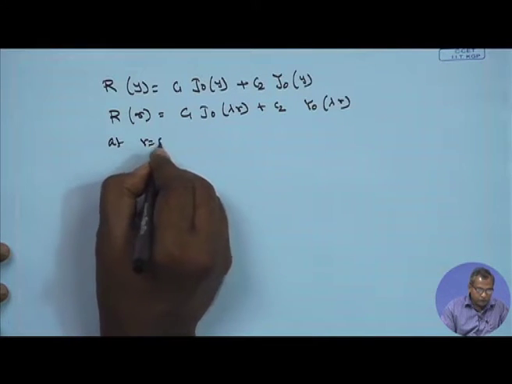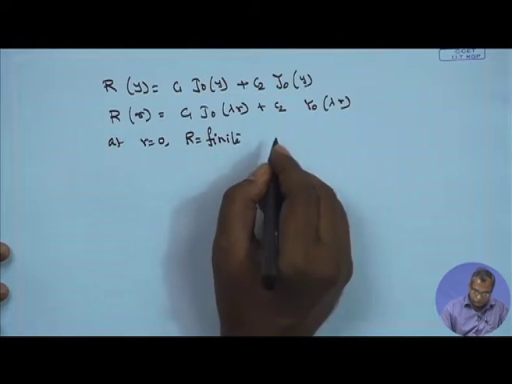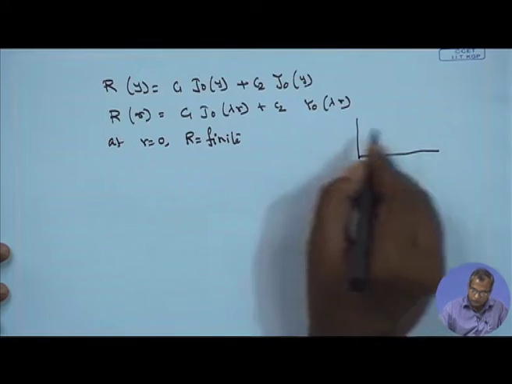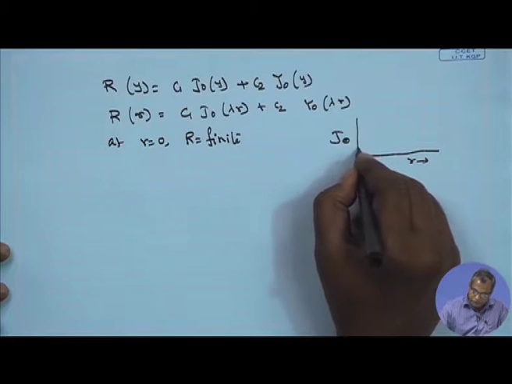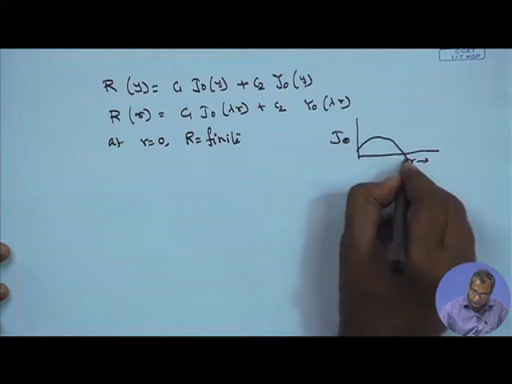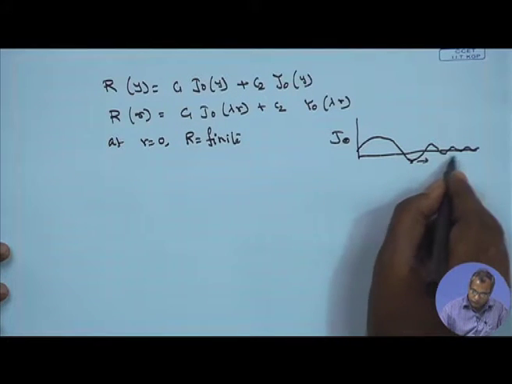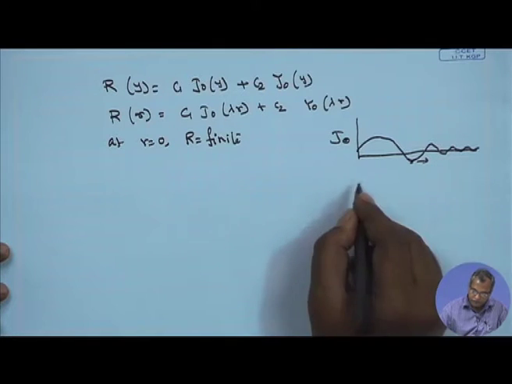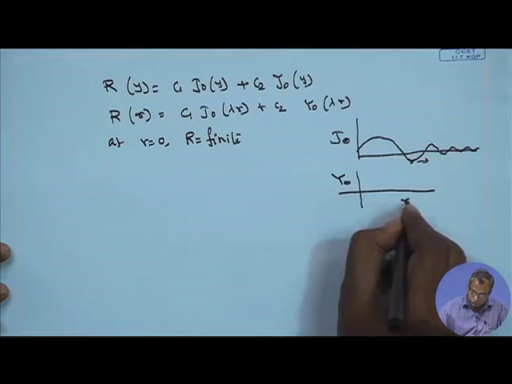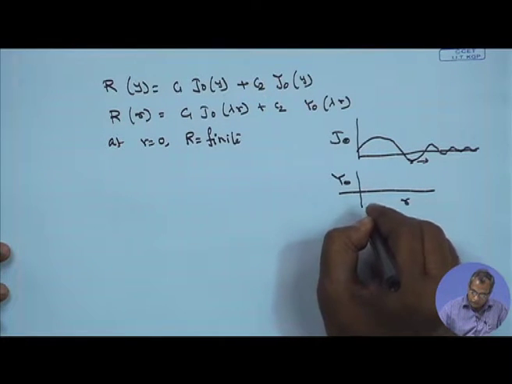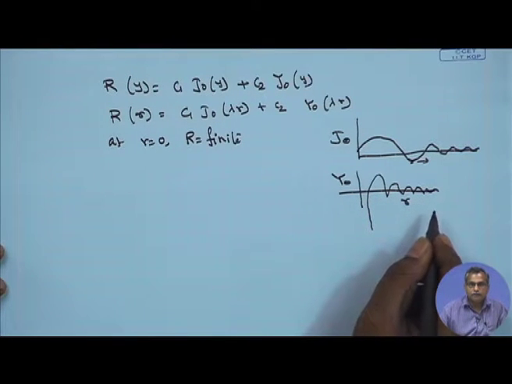equal to 0, your capital R is finite. So, if you look into the variation of J0, it becomes a positive value, and then it will be oscillating about the r axis with diminishing magnitude. On the other hand, Y0 will be basically infinity at r equal to 0, and then it will be oscillating about the r axis with diminishing magnitude.